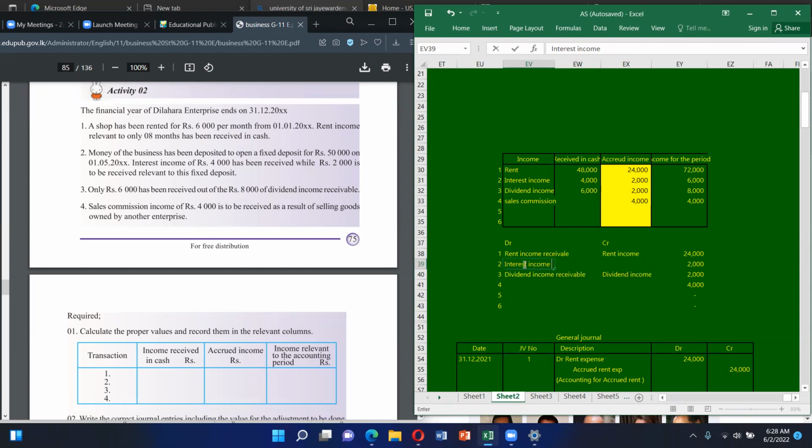Interest income. Sales commission. Income receivable. Sales commission.